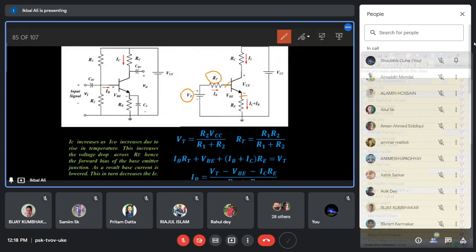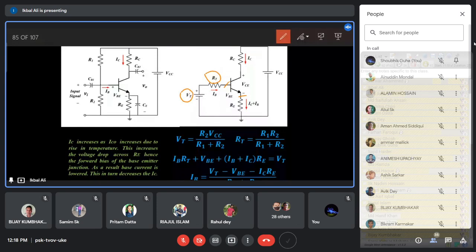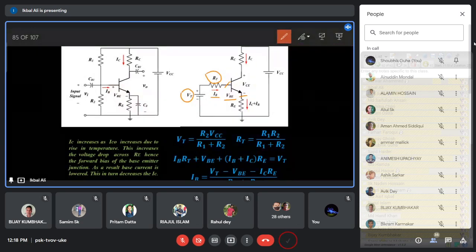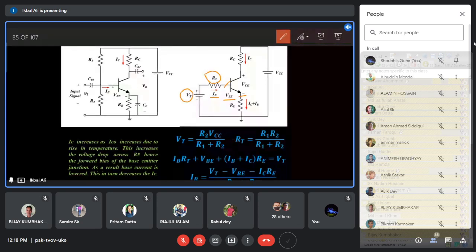This is the barrier potential across the base emitter junction. The current flowing through the base is IB due to this biasing, which is a constant DC current. Look at the symbol of these parameters. The capital I with capital B stands for DC, entirely DC.